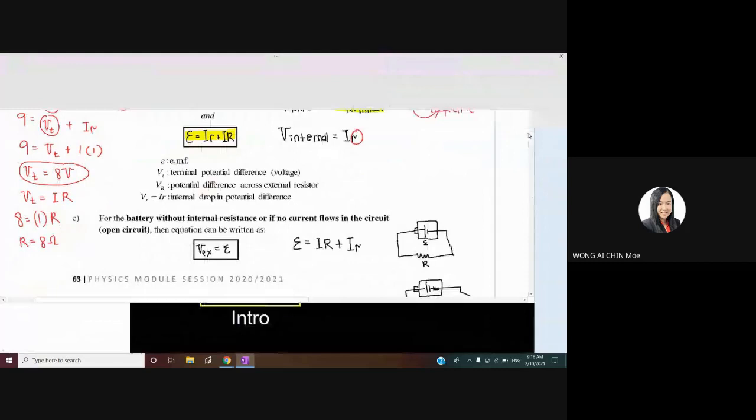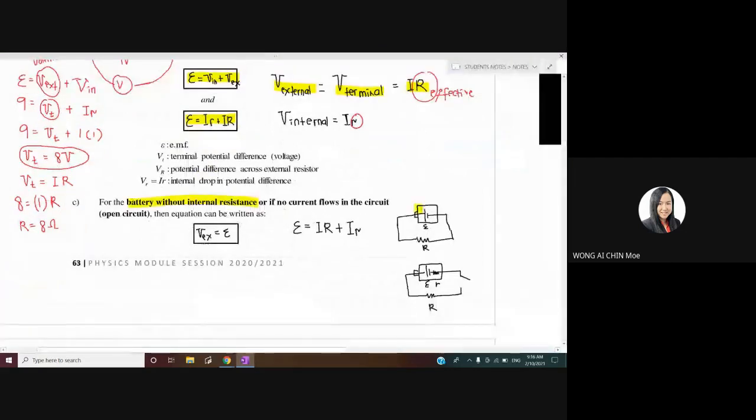Okay, for a battery without internal resistor. If let's say the battery here, you see this battery, the first case, without internal resistor, meaning that if the battery is 9 volt and there's no internal resistor, maksudnya tak ada yang hilang di dalam battery itulah. Or if no current flows in the circuit, maksudnya open circuit lah, macam case ni, switch ni tak tutup.